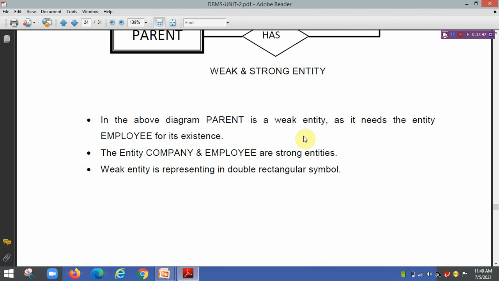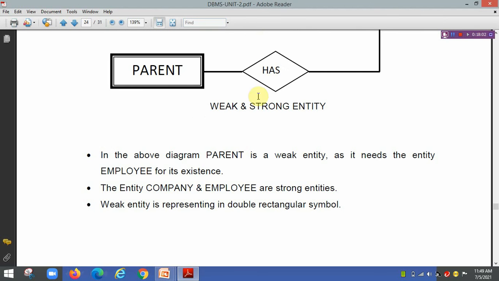So in the above diagram, parent is a weak entity as it needs the entity of employee for its existence. The entities company and employee are the strong entities. A weak entity is represented by a double rectangle symbol. According to the ER diagram, a weak entity is represented as a double rectangular symbol.